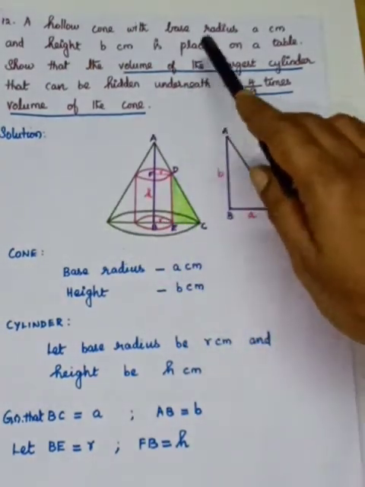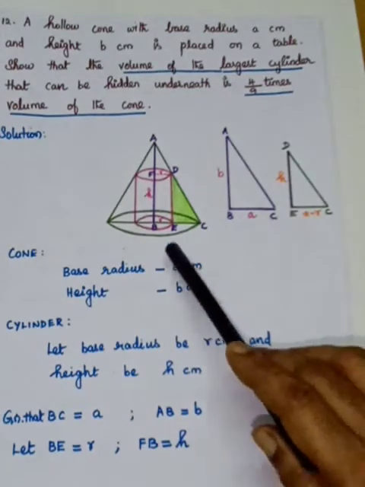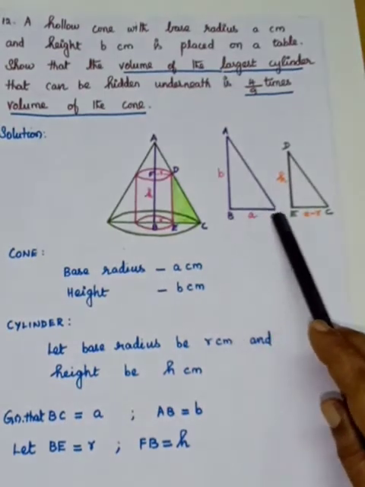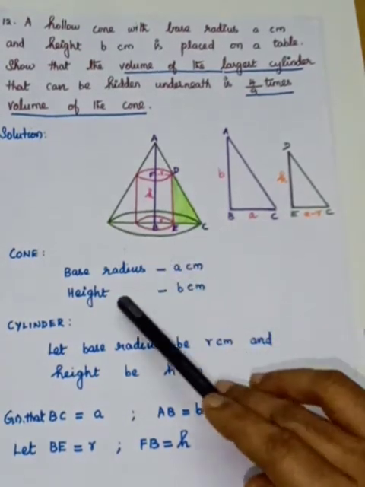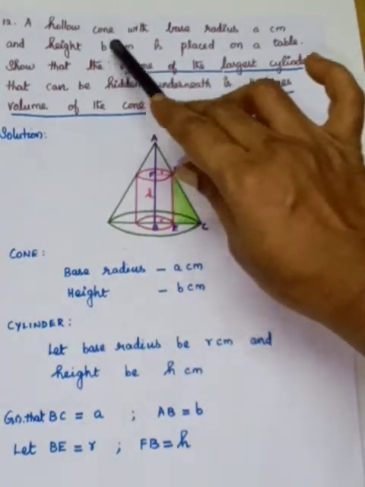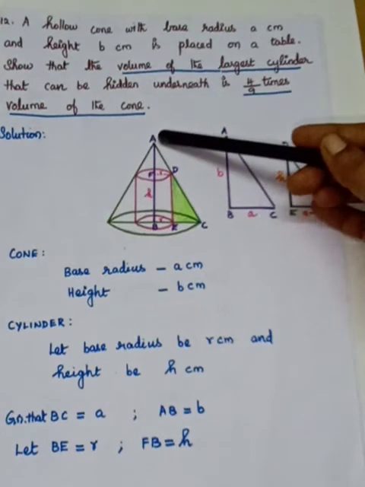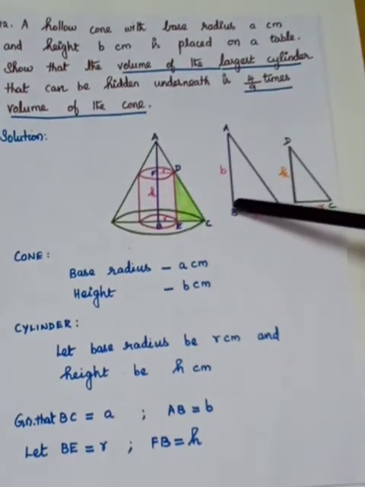So for the cone, what is given? Base radius is a centimeter. So from here you see that BC is equal to a centimeter. That is the base radius of the cone. And height of the cone, what is it? b centimeter. So AB, this distance, is b centimeter.